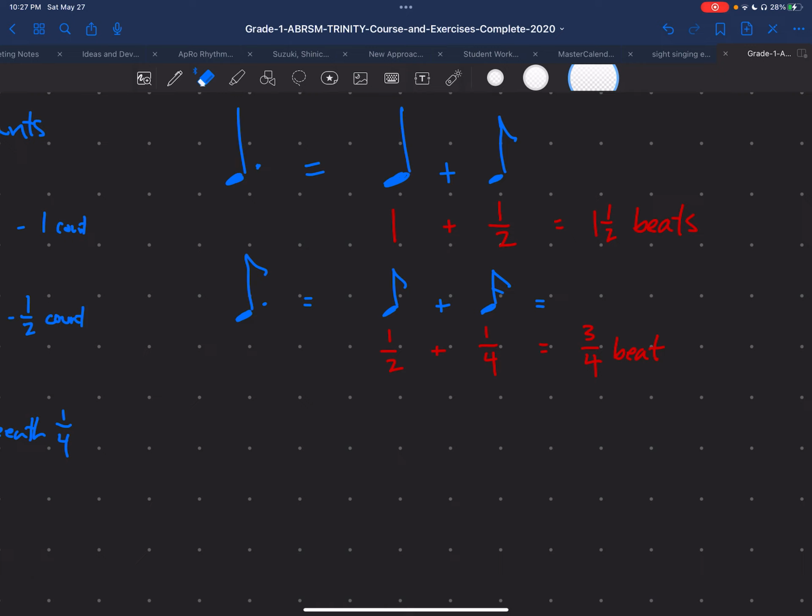And then finally, let's do one more example going the other way. Let's get bigger. If we have a half note with a dot, that means we have a half note plus half of its value, which we know is a quarter note. If we add those values, that's 2 plus 1, giving us 3 beats for our dotted half note.